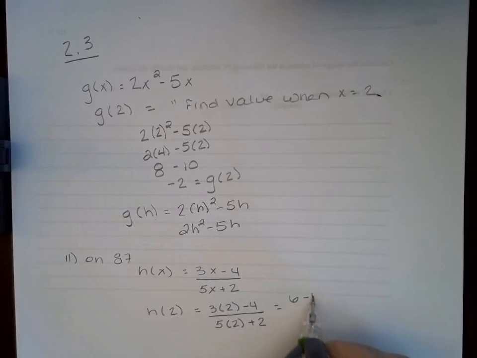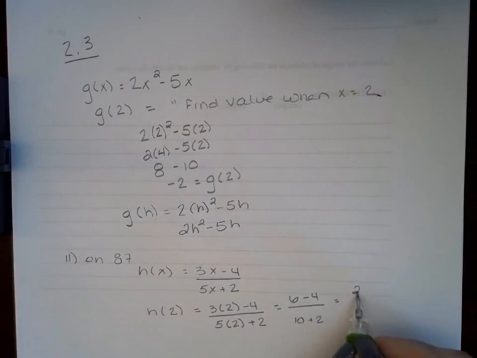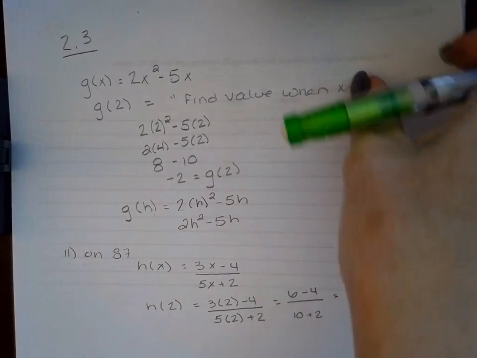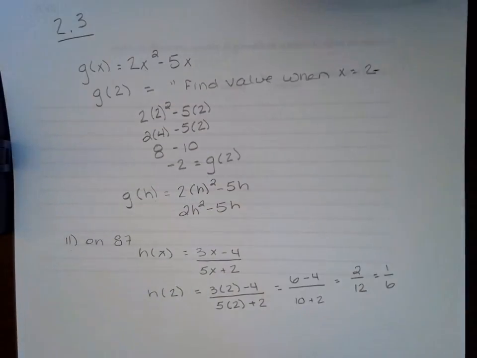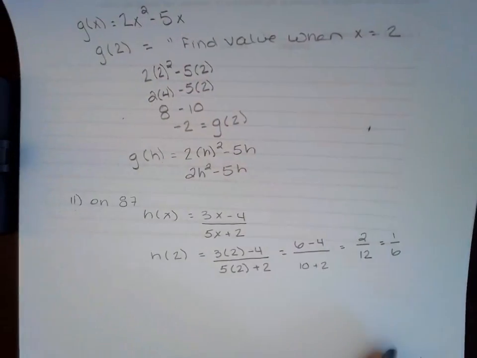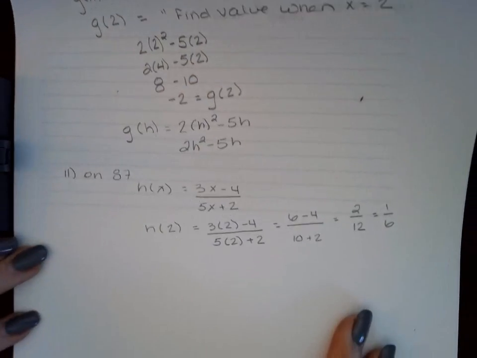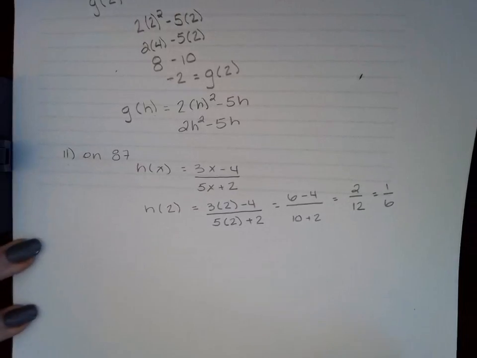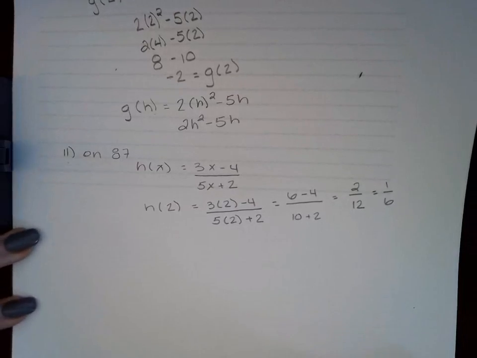So our numerator simplifies to 6 minus 4, and here we have 10 plus 2. 6 minus 4 is 2. 10 plus 2 is 12. So we have the function evaluated at 2 to be 1/6. You could have left it at 2 twelfths. For our class this summer, I won't penalize you for that.